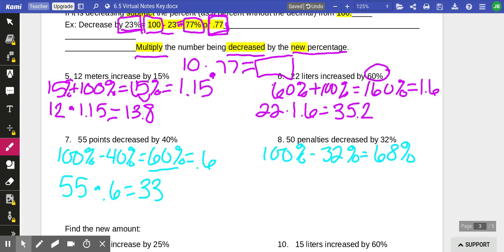This is going to be 0.68. So I'm going to take my 50 penalties, and I'm going to multiply it by the amount of penalties that would still possibly be left. And that means I'm going to have 34 penalties left after it's been decreased by 32%.